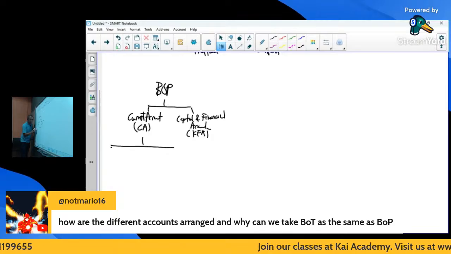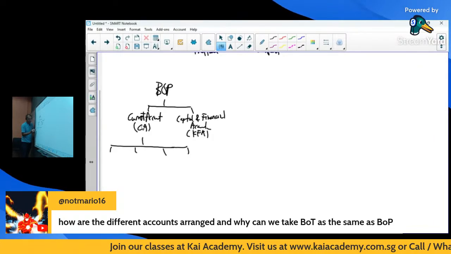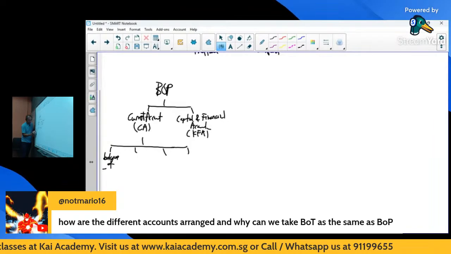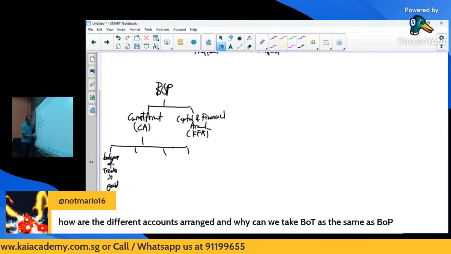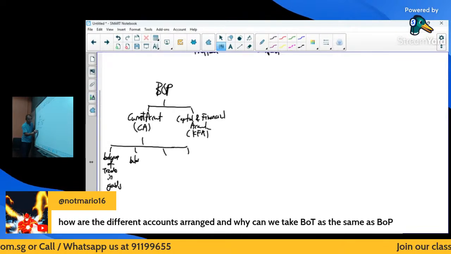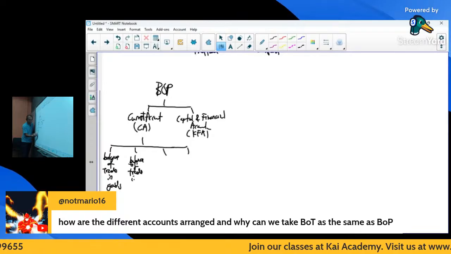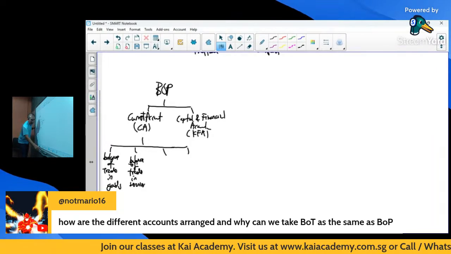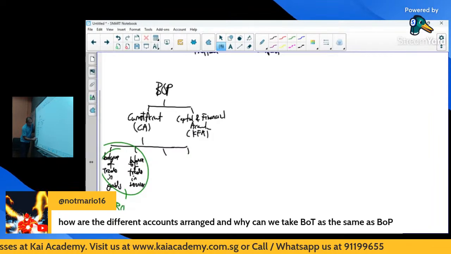In the current account itself, we have four sub-accounts. So this is called balance of trade in goods, and you have the balance of trade in services. Basically, it's the X minus M of goods and X minus M of services. Together, this is called BOT, right?